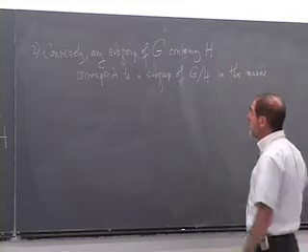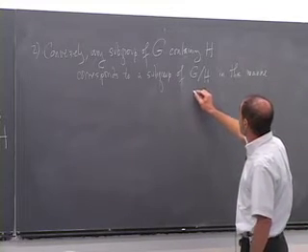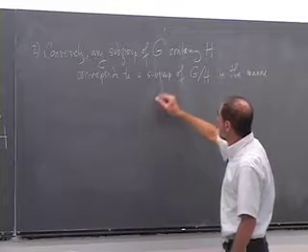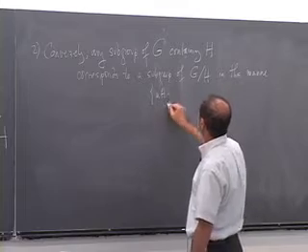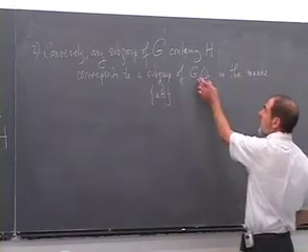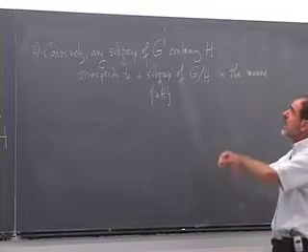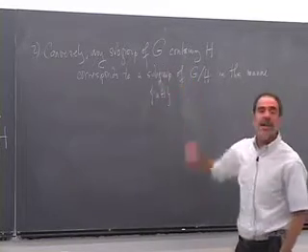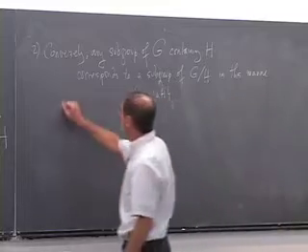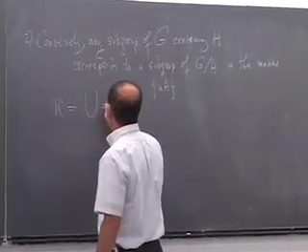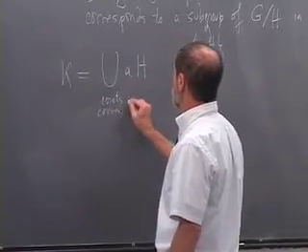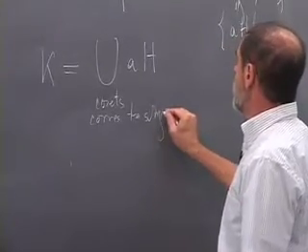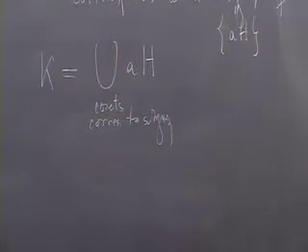What do I mean by that? Well, if I have a subgroup of G mod H, let's say that the subgroup consists of the cosets aH, a subset of the cosets of G mod H, and then I just take the union of all those cosets, I claim that gives me a subgroup of G. So you have to check that that gives a subgroup of G containing H, and that every subgroup of G containing H arises in that manner.